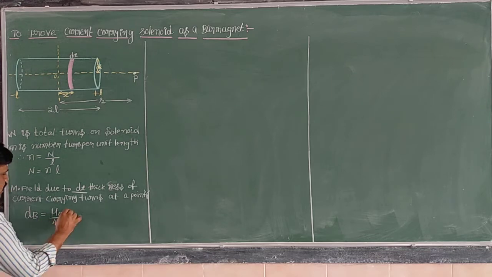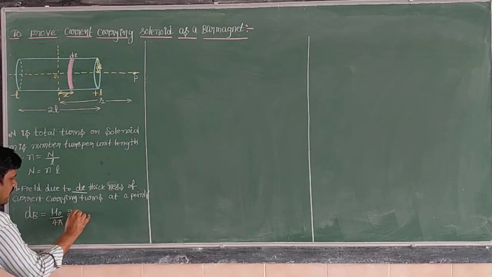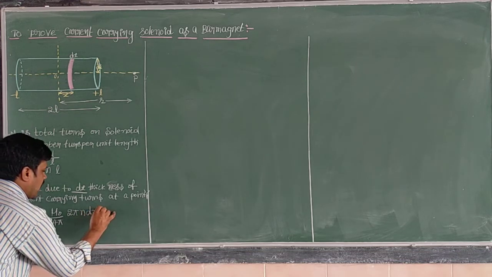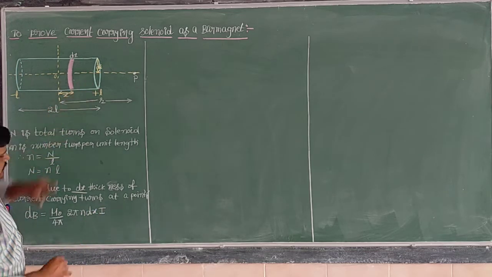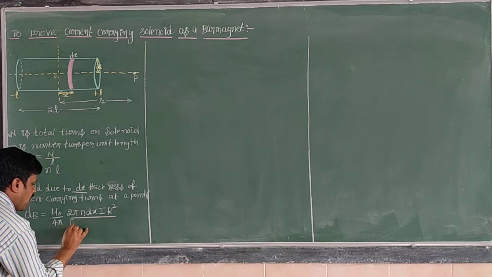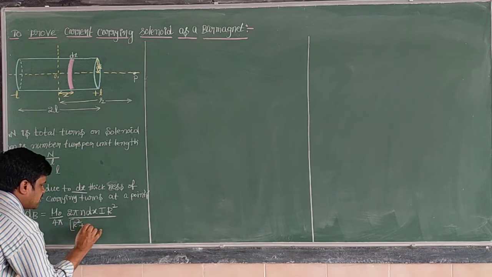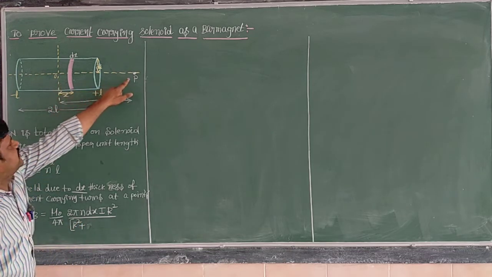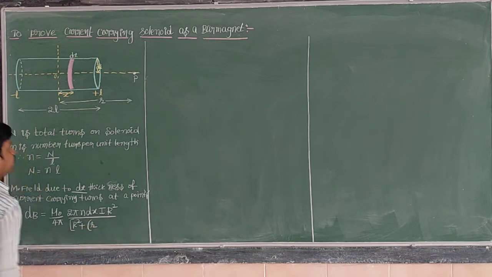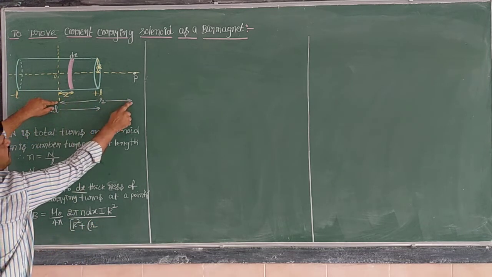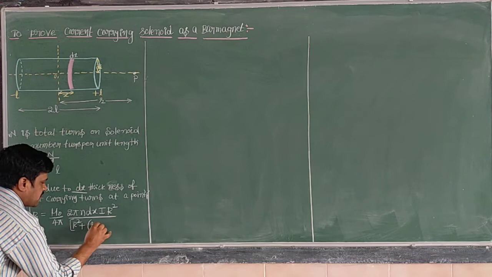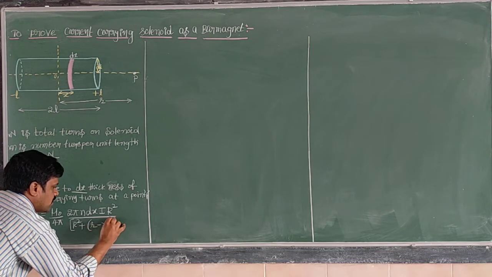mu naught by 4 pi into 2 pi n dx into I r square divided by r square plus x square, whole power 3 by 2, with the distance from here to here being small r, from which we have to subtract x, so it is (r minus x) whole square.